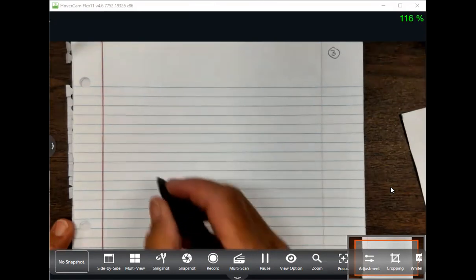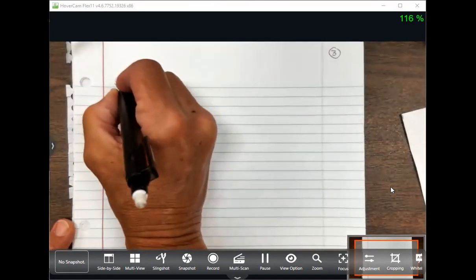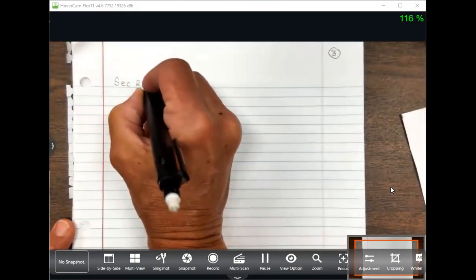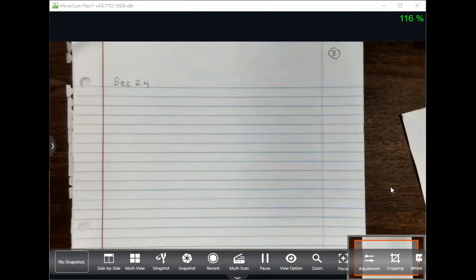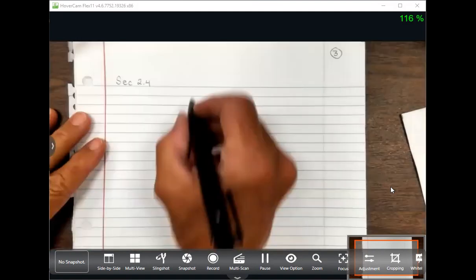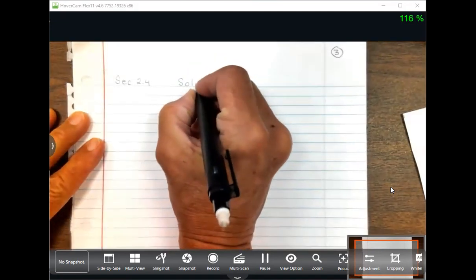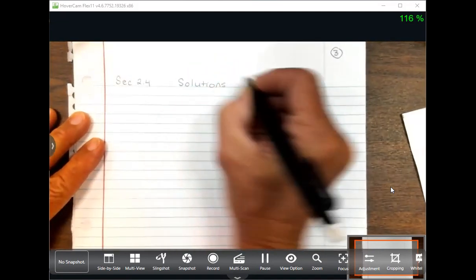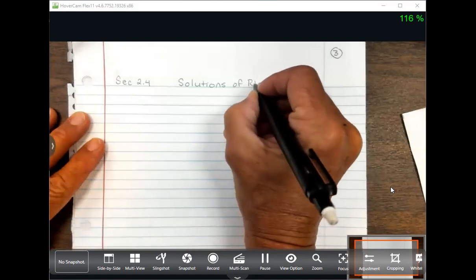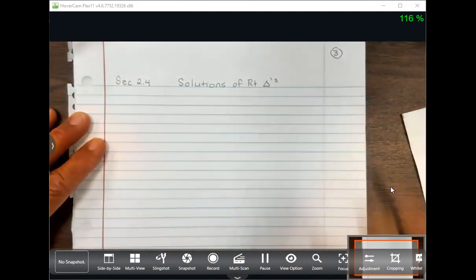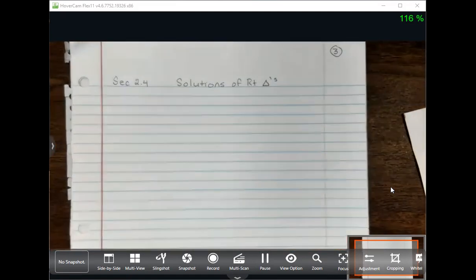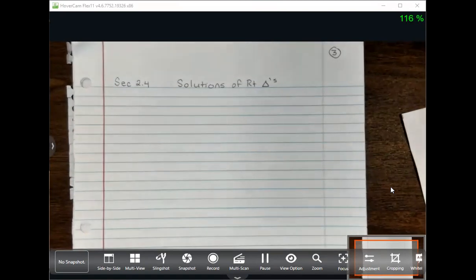Okay, so we're in section 2.4. And the basic premise is how to solve a right triangle. A right triangle's got 6 pieces, 3 sides and 3 angles.